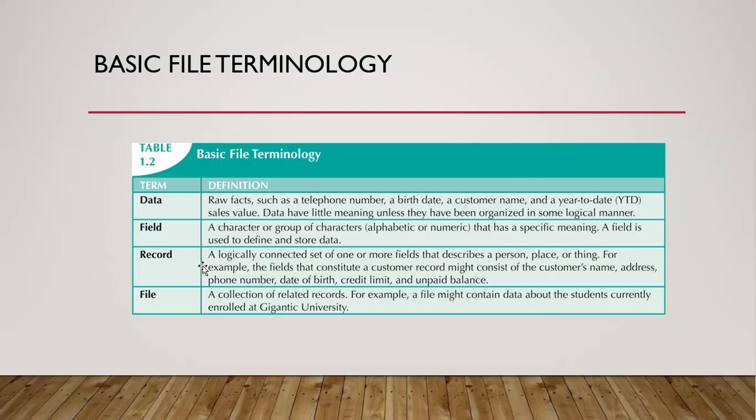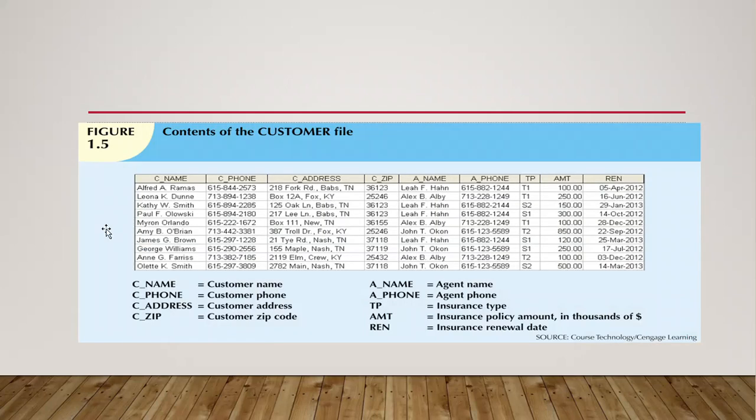Then record. What is a record? A logically connected set of one or more fields that describes a person, place, or thing. For example, the fields that constitute a customer record might consist of customer name, address, phone number, date of birth, credit limit, and unpaid balance. Where is the record? A record is everything about, for example, Alfred A. Rama, 651-844-2573, 218 Fog, and so on.